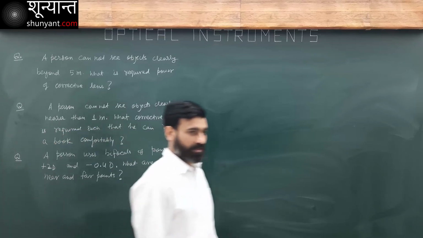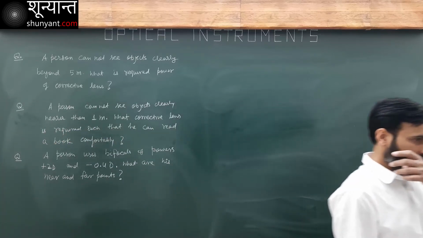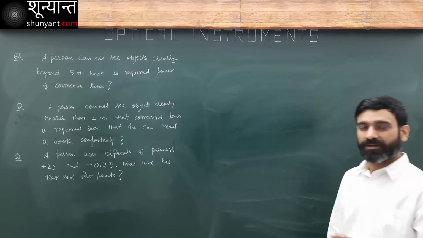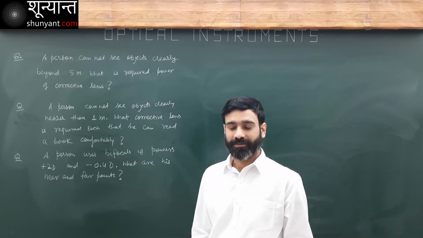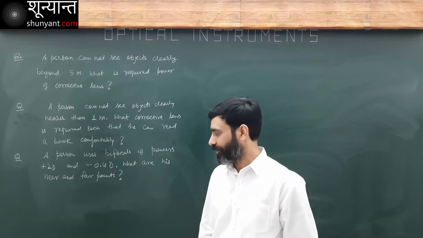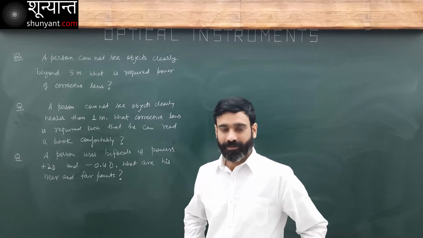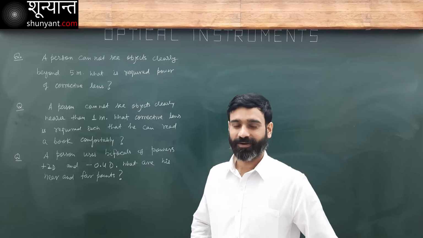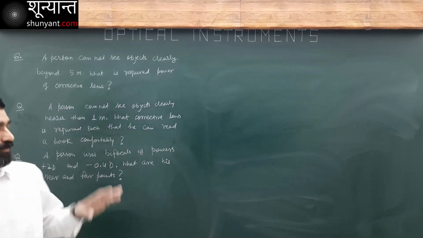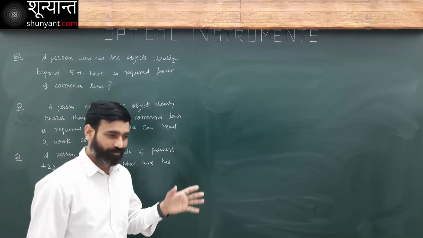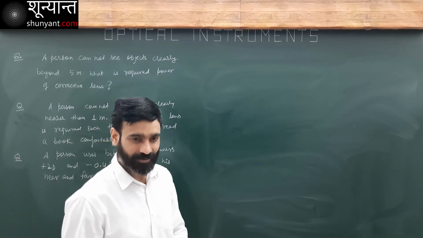Let's do these few simple problems. From this topic only such simple problems are asked. There is no scope of complicating it. Still there is a scope of confusing it, but if you know the concept well, you will never be confused.